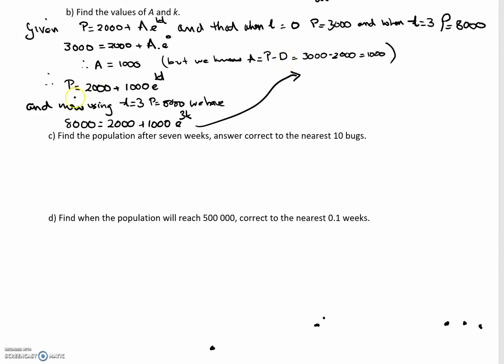Once you've got that, you sub it in, which you would have done previously. So P is equal to 2,000 plus 1,000 e to the KT, and then you solve for K. So we use our other piece of information, subbing T equal to 3, P equal to 8,000, and you can see that we're going to require logs because we're finding an index.